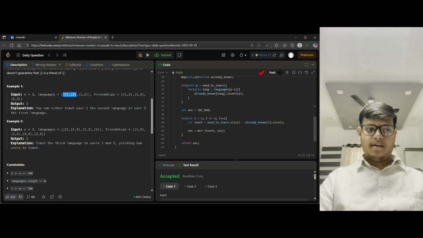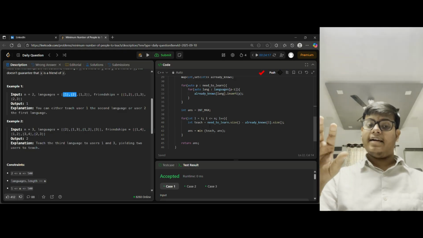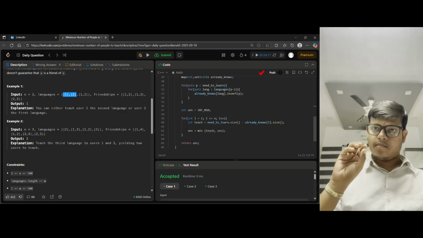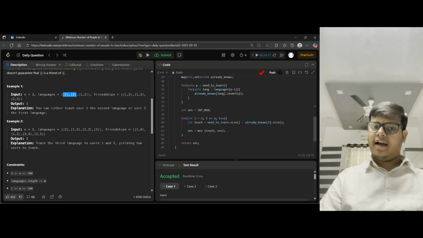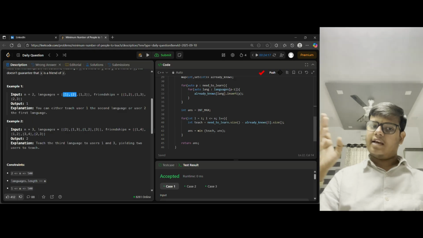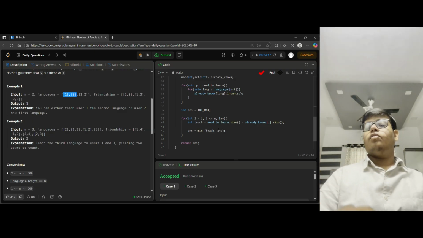Suppose I decide to teach a particular language, let's say L. For L, the number of persons I need to teach is the total number of people x minus the people who already know the language. I have to subtract it, since I will teach only the remaining ones, right? So this will be our temporary variable teach.